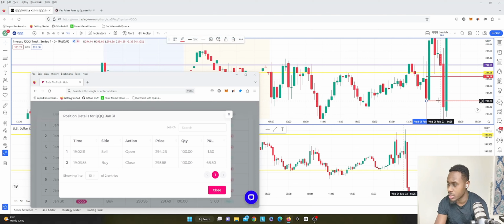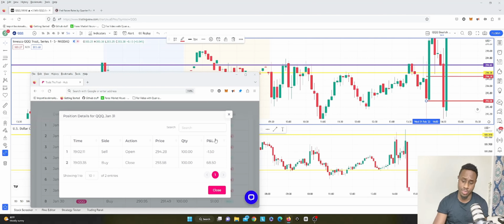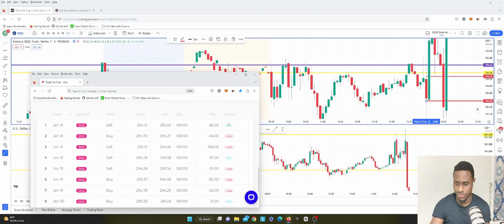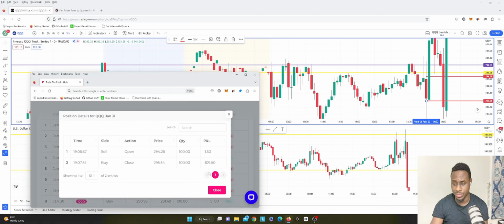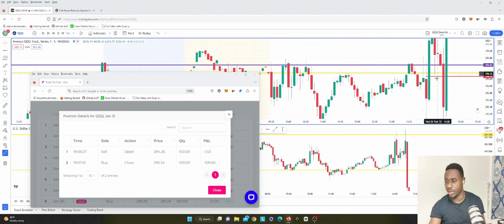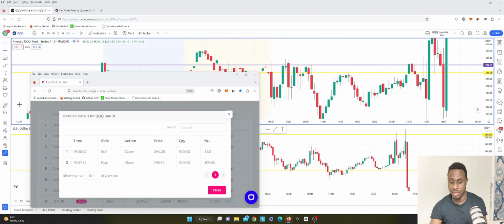So this was a profit of 68.50, 67 overall. And then the next trade was another sell on the next candle. And this probably hit me out at my stop loss for 101 in a minute.